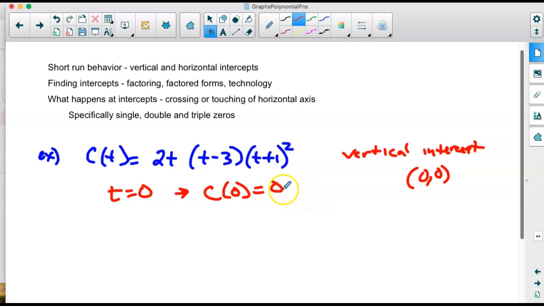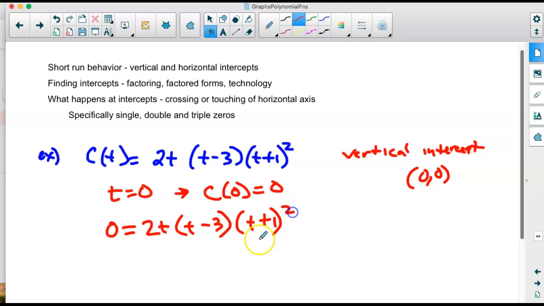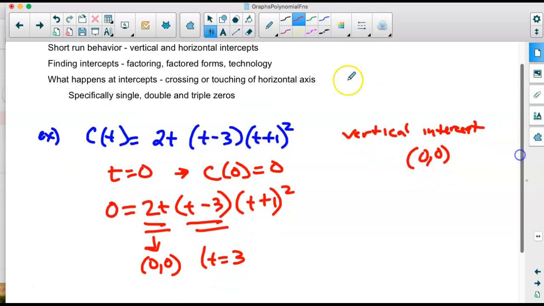Now the other intercepts, since they're in factored form here, we can just set this equal to 0 and look at the terms. Each term gives us a 0. So that one we've already done. That gave us 0, 0. This one, the t value is going to be 3. The t value is going to be 3 there.